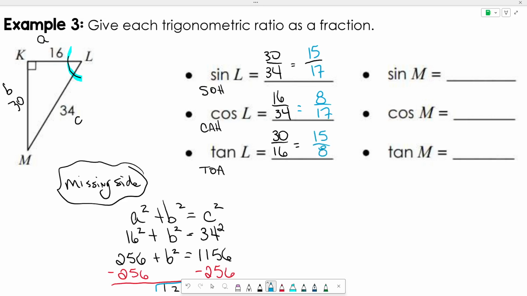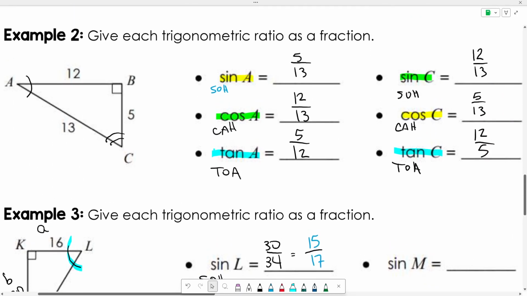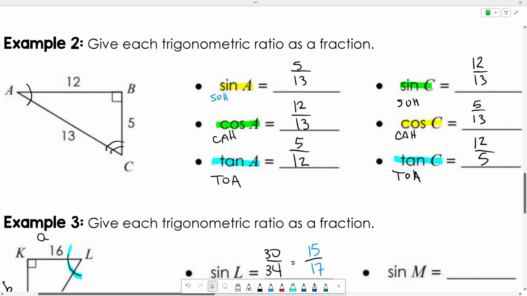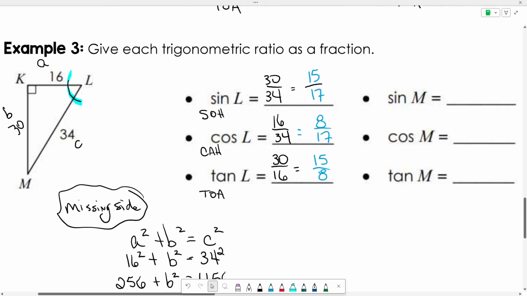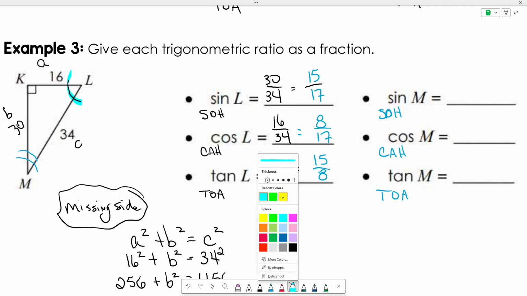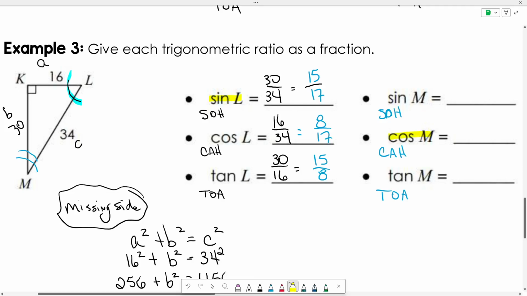Now if we remember, looking back up here at these last ones, oh, the sine A and the cosine C are the same. So the sine L is going to be the same as the cosine of M. So I can use those things, or I can go back and just remember sine is opposite over hypotenuse, cosine is adjacent over hypotenuse, and tangent is opposite over adjacent, and stack them together the same way. But remembering how these things relate to each other, this one and this one are the same.